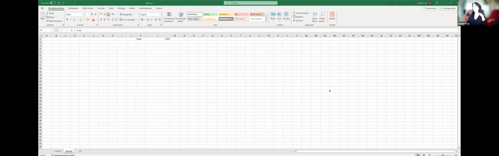Who knows in which units the slope is? Who can say what are the units of the slope?